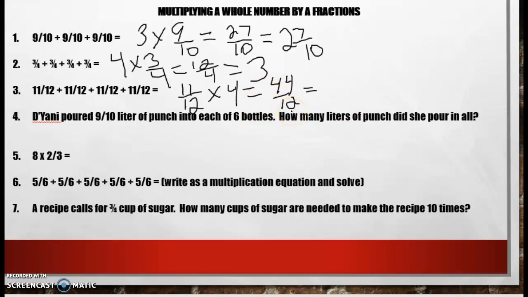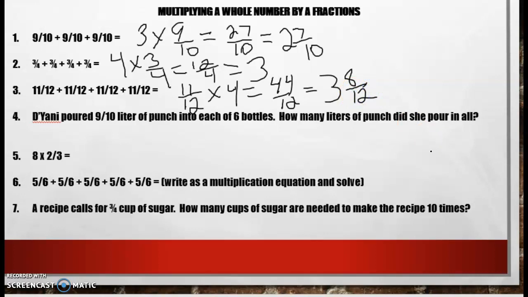How many groups of 12 are in 44? 12, 24, 36, it would be 3 groups, lands you on 36, 37, 38, 39, 40, 41, 42, 43, 44. I have 8 left over out of the next group of 12.